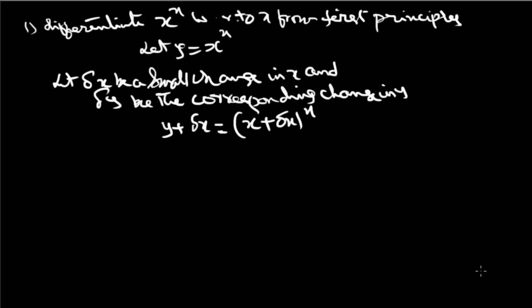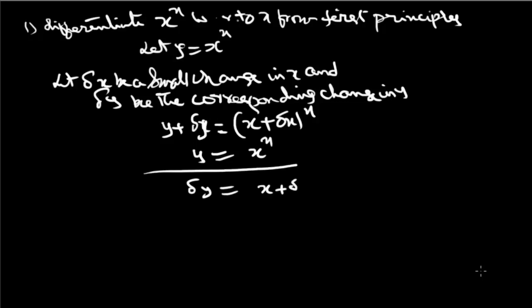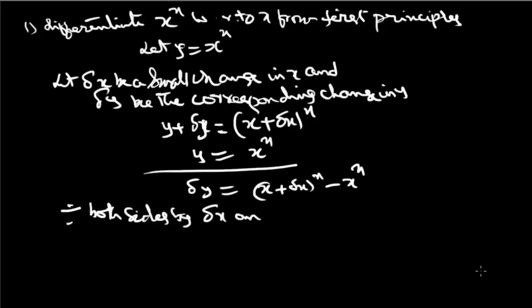Below that, y is equal to x power n. Then subtract: delta y is equal to (x plus delta x) whole power n minus x power n. Now, same as before, divide both sides by delta x and take limits as delta x tends to 0.